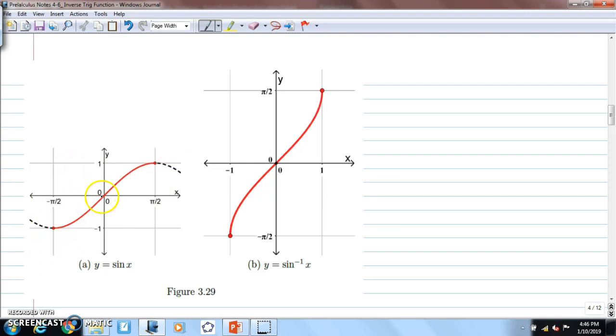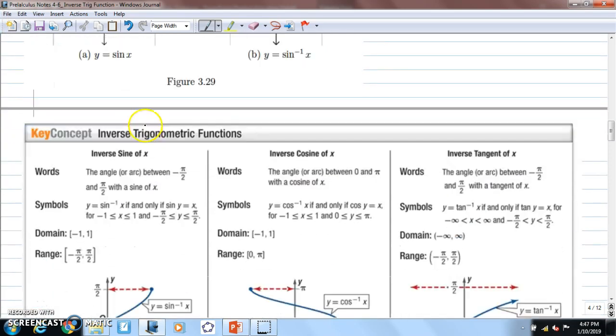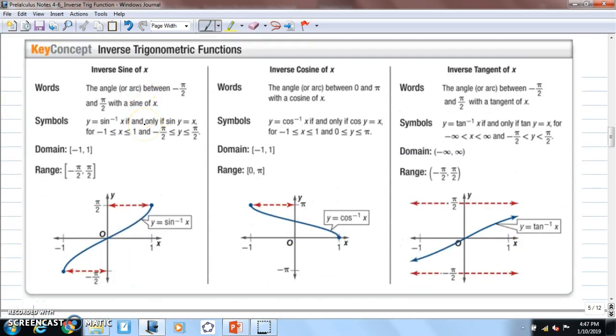Well, if we graph that, we switch the x and the y, and now our angles are here, and our values of negative 1 to 1 are here on our x. That's all that happens. So we're just taking this part of the graph and it gets reflected in the line y equals x, remember, but that switches your x and y values. So that's what happens with all of these, and here's all three of them then.